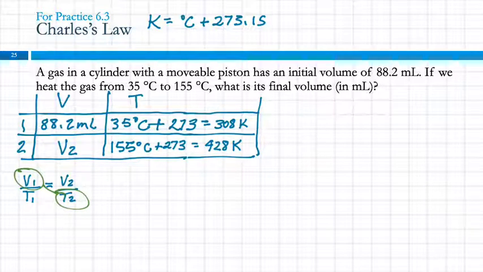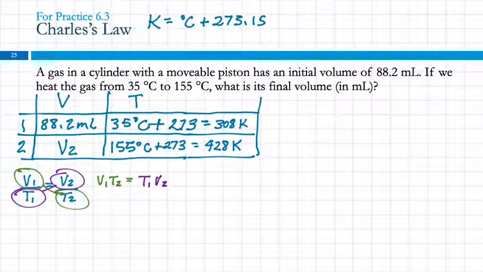So that's V1 times T2, and that's going to be equal to the denominator of the first side times the numerator of the second side. Multiplication, the order doesn't matter, so T2 V1 or V1 T2 is the same.